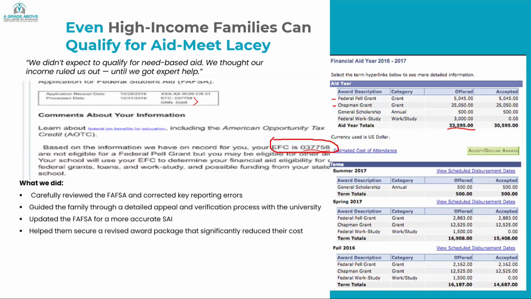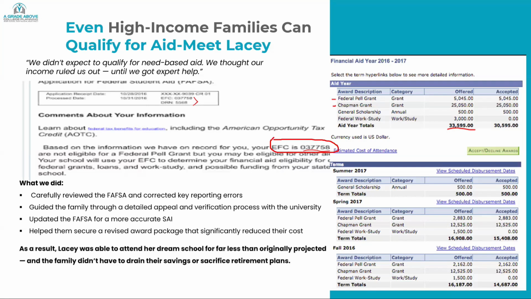So what we did is we carefully reviewed her FAFSA and corrected key reporting errors that we see almost all the time, every year. A lot of families make these mistakes. We guided the family through a detailed appeal and verification process with the university, updated the FAFSA for a more accurate SAI, or at the time it was an EFC, and then helped them source and revise award packages that significantly reduced their cost.